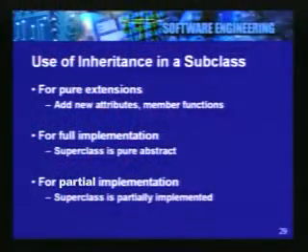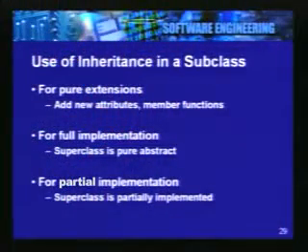And thirdly, you could use subclasses as partial implementations. This is applicable when your superclasses are partially implemented, so they are partly concrete, partly abstract. The applications are the same. The pure extensions can be used where you have, say, pure concrete library classes. Full implementations have to be used when you have inheritance hierarchies with abstract classes, also called interfaces, mainly in component technologies.